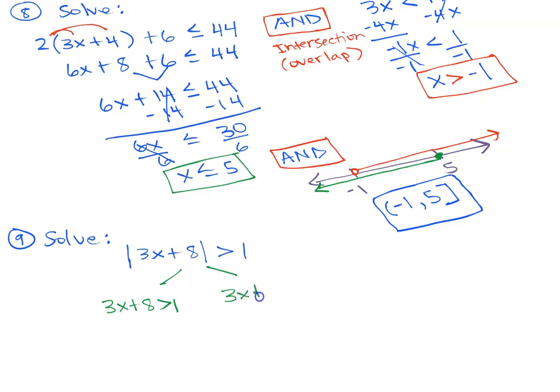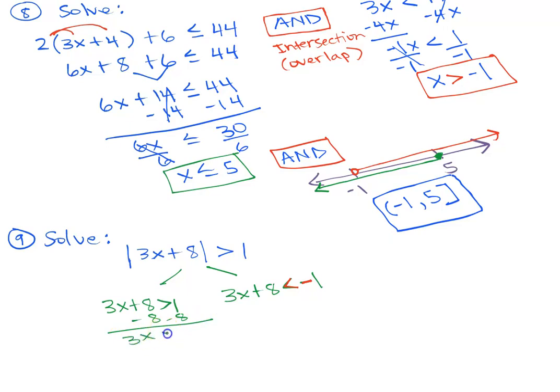3x plus 8 less than -1. Yep, less than -1, right? So we had to flip the inequality here and change that sign to its opposite. You have to do both of those things, so make sure you remember to do both. Let's go ahead and solve these. Subtract the 8 over.